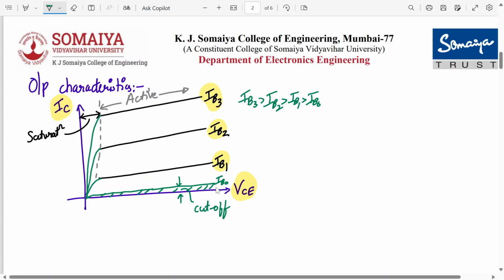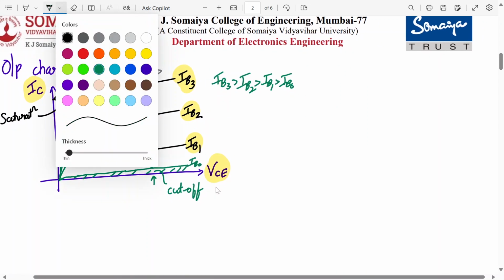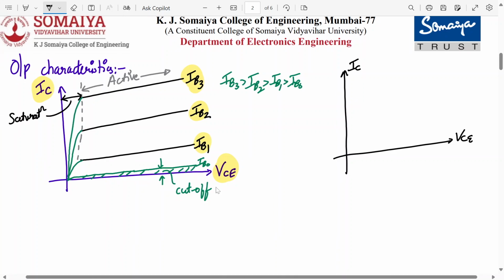This is the output characteristics. Now from the output characteristics, what information do you get? So let me draw it over here and show it to you. So we have a graph of VCE versus IC. First of all, what information do we get? We get information about the cutoff region.